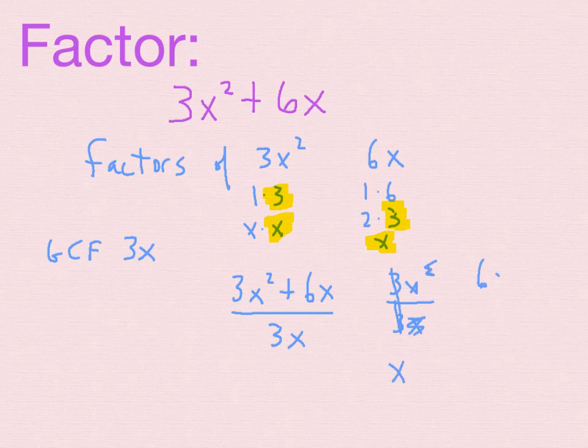Over here, I get 6x divided by 3x. 6 divided by 3 will leave me with a 2, and then the x's cancel each other. Then all I have to do is take that GCF that we used as a divisor and put it on the outside.